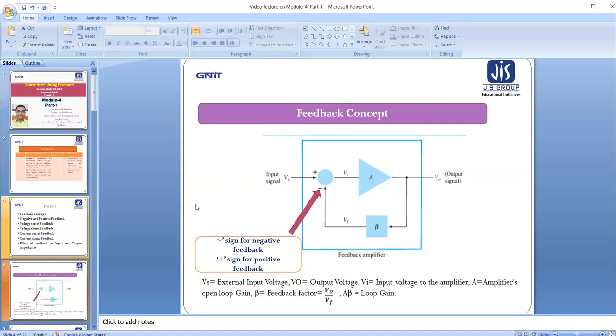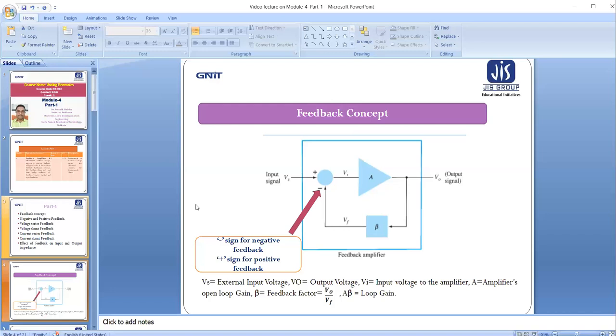So feedback is very, very essential to control the gain of the circuit, as well as it has several advantages over the circuit without feedback. We will discuss and understand when we move to the next slides.